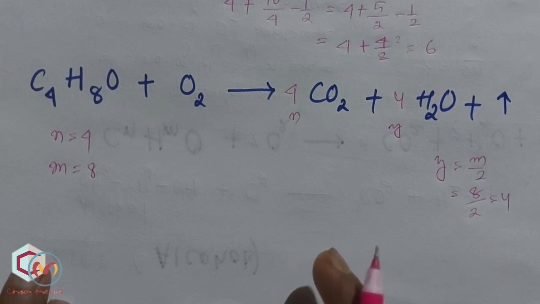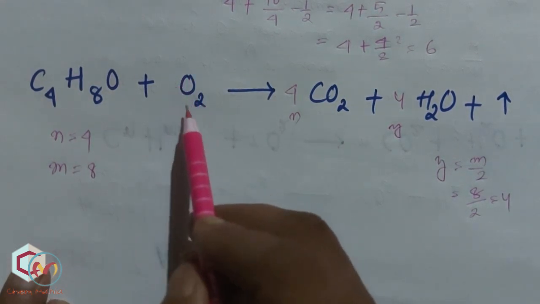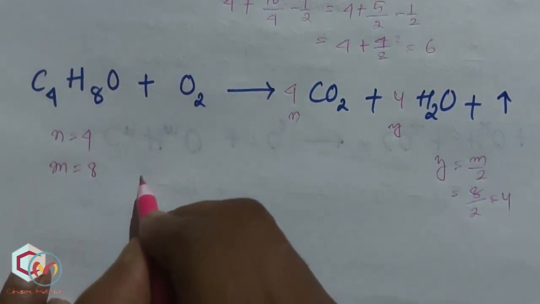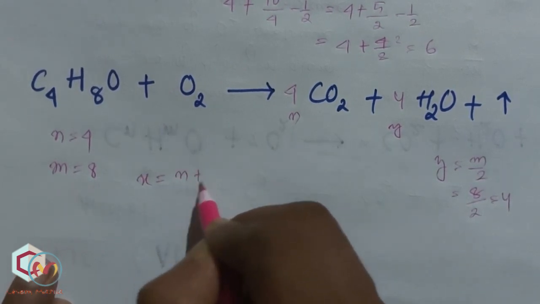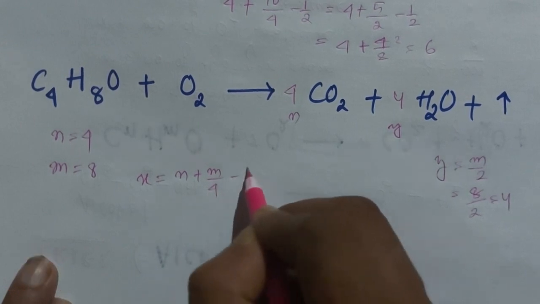Now we will balance the O2 molecule. For the O2 molecule, I have told you the formula: x is equal to n plus m by 4 minus 1 by 2.